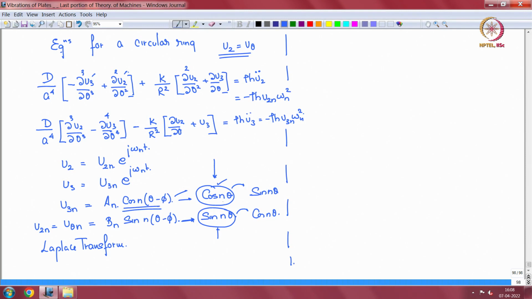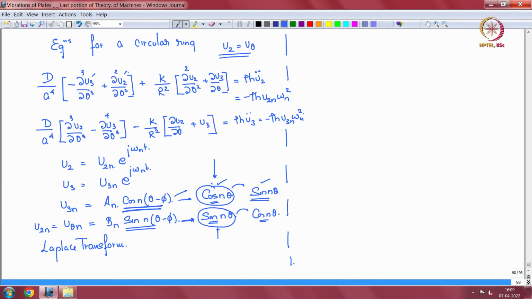Both cosine and sine are available in both places, but they could be phased. Okay, sine here could be phased relative to sine here, or cos here could be phased relative to cos here. Okay, that means when cos occurs over here, cos need not occur here, sine can occur here. That is the phasing. Okay, and therefore to accommodate that combination, we have cos n theta minus phi, sine n theta minus phi.